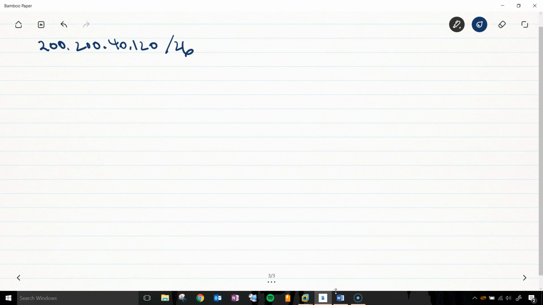Alright, so again, first thing we want to do is convert this number, this /26, to decimal. We know /26 means that the first 24 bits are all on, which makes this 255, 255, 255. Right, that's 8, 16, and 24 bits.